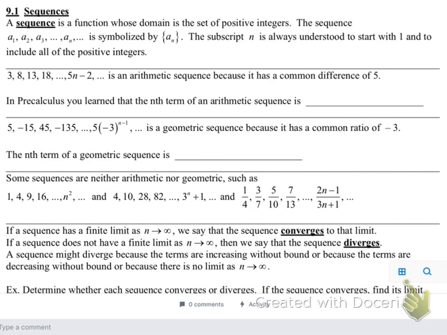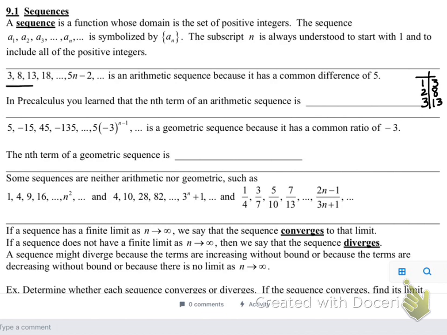So down here in this first arithmetic sequence, you could think of this as an xy table where when x is 1, y is 3, when x is 2, y is 8, when x is 3, y is 13. I'm over-explaining it right now, more than I did in class, but I feel like I have the time to do that.